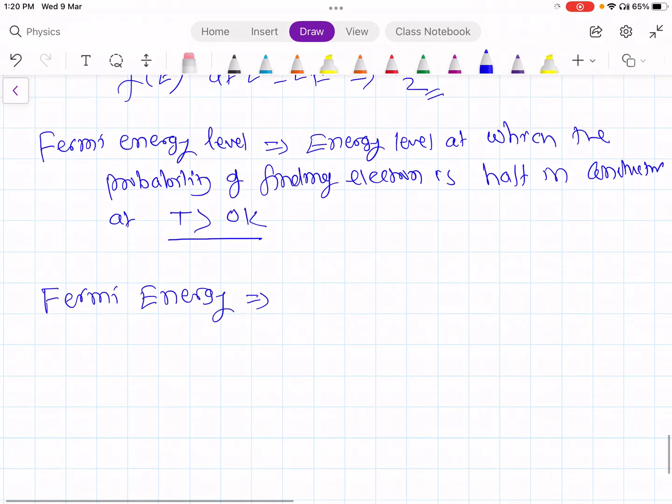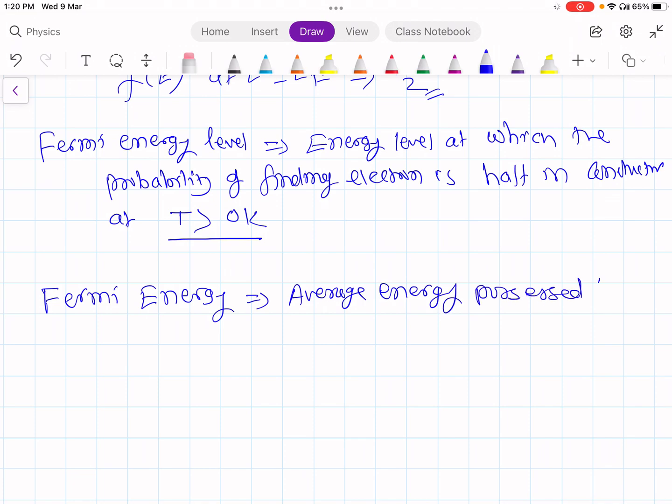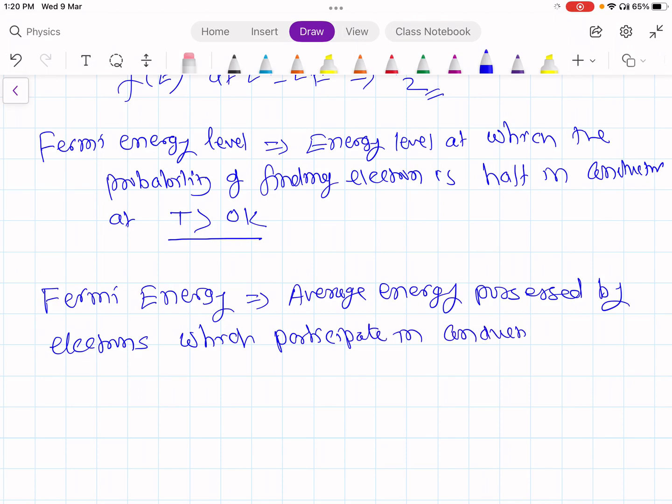Then we can define this Fermi energy as the average energy possessed by electrons which participate in the conduction process for conductor at T greater than 0 Kelvin.